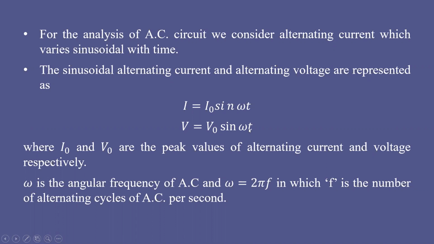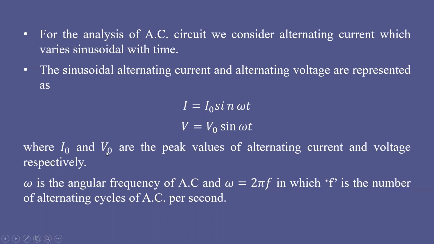So sinusoidally, the voltage and current vary with time. This is the mathematical equation for alternating current and alternating voltage. Remember this particular equation, where I is the current, given by I equal to I naught sine omega t, and V equal to V naught sine omega t. That is the simple mathematical equation representing the alternating current.